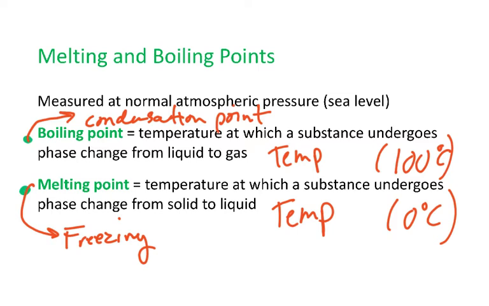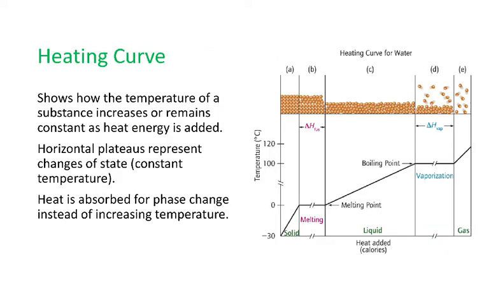All right, we're finally to the point where we can show a heating curve. So a heating curve shows a lot of information in one little plot. It shows how the temperature of a substance increases or remains constant as heat energy is added. So we see across the x-axis heat added, and across the y-axis is the actual temperature measured of the substance.